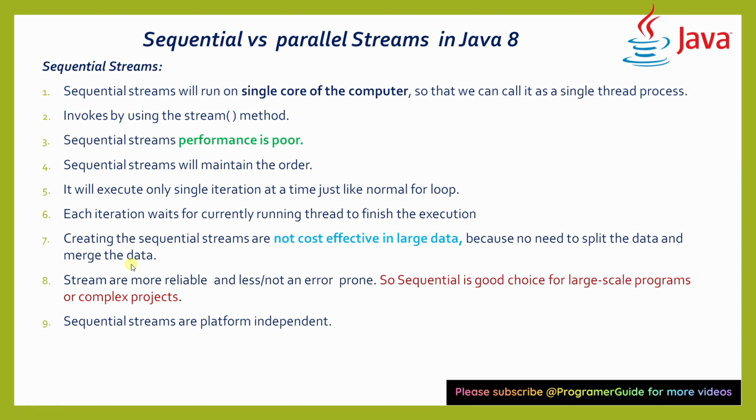And since it is executing in a single thread process, there is no need for merging either. Okay, sequential streams are more reliable and less error prone, so they are a very good choice for large scale programs or complex projects. Sequential streams are platform independent. Whatever stream you have executed, the same output is going to be produced on whatever operating system you execute it.